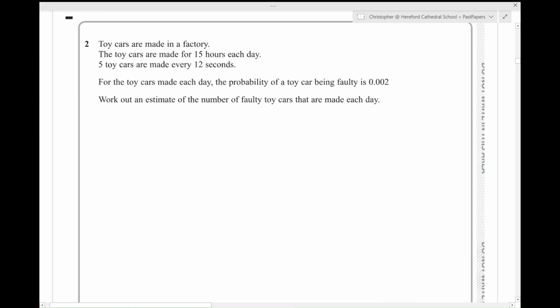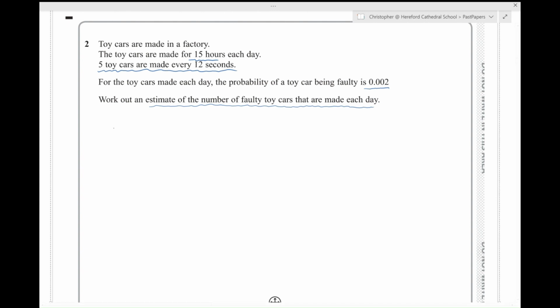Question 2. Right, toy cars are made for 15 hours each day, and 5 toy cars are made every 12 seconds. For the toy cars made each day, the probability of a toy car being faulty is 2 in 1,000, or 2,000ths. Work out an estimate for the number of faulty toy cars that are made each day. Well, I better find out how many toy cars are made each day.